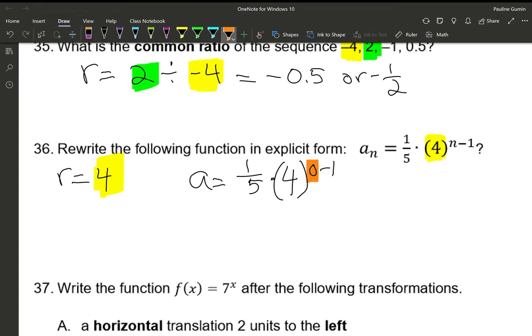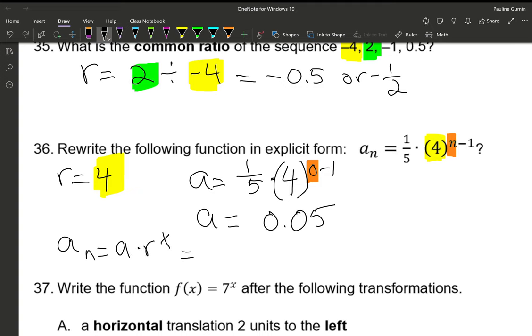This goes into your calculator. You should get 0.05. Okay. Our explicit form is as follows. A_n equals A times R to the x. So we can rewrite that as 0.05 times 4 to the x.